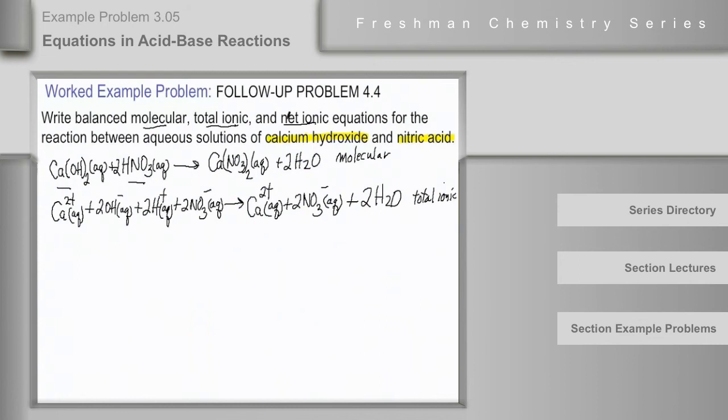Now the last thing we need to do is to write the net ionic equation. The net ionic equation just has in it the ions that undergo reaction and whatever the product is. That is to say, we remove the spectator ions.